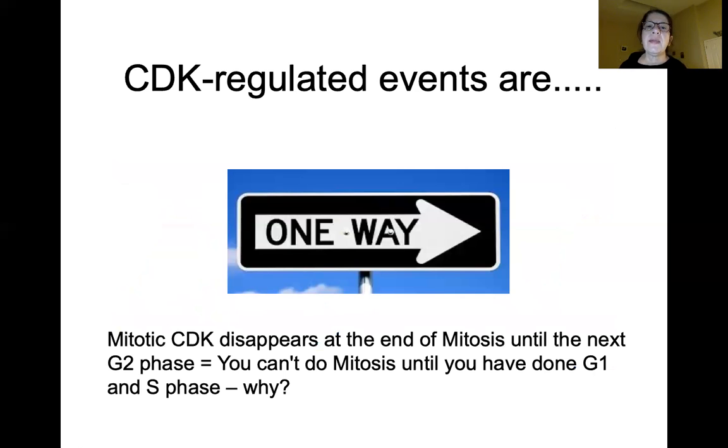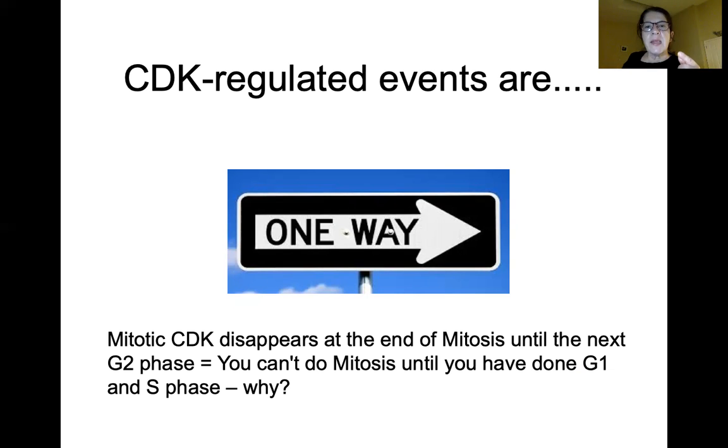Now, CDK regulated events are, and this is very important to understand, one way. They're only one way. And remember in the last lecture, I showed you how that kind of happened. So event B cannot happen before event A has happened. And once event A is complete and event B starts, event B will make sure event A does not repeat.